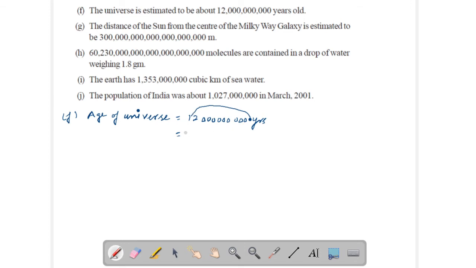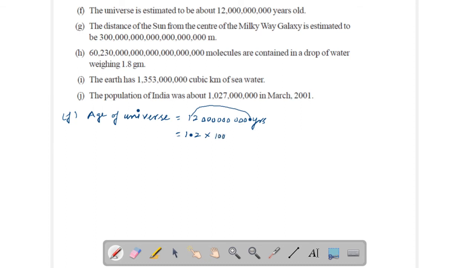This can be written as 1.2 into 1 followed by zeros. See how many digits are there? 1, 2, 3, 4, 5, 6, 7, 8, 9, 10. Put 10 zeros.